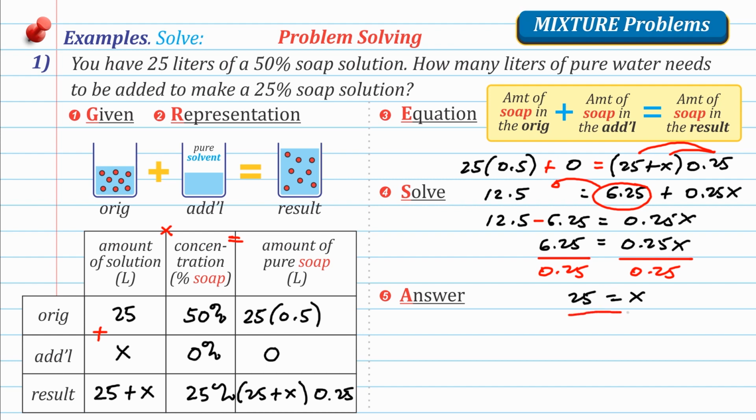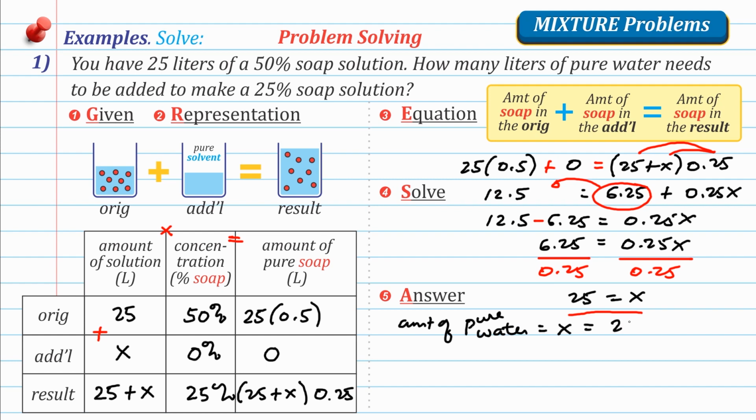Now, going back to the question, we're looking for the amount in liters of pure water that needs to be added. Now, going back to the table, saan ba yung hinahanap natin? The amount to be added, it's this one. Therefore, let me write here, amount of pure water to be added, and it's represented by x.